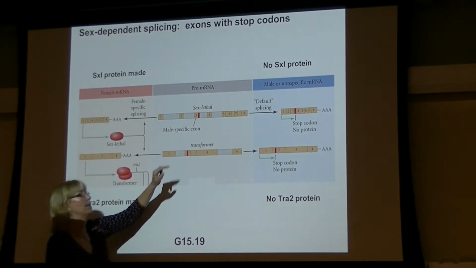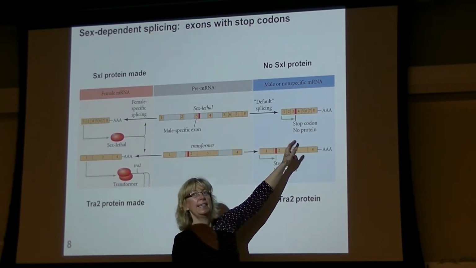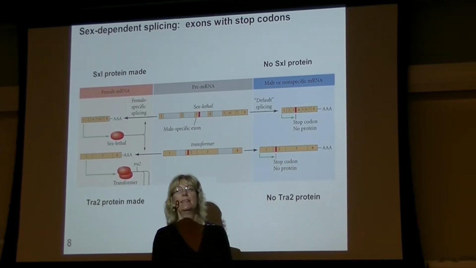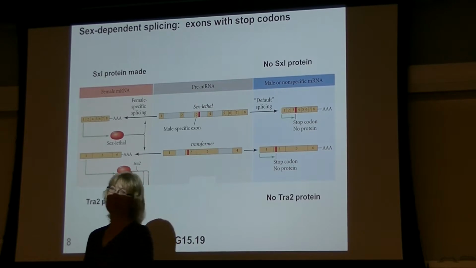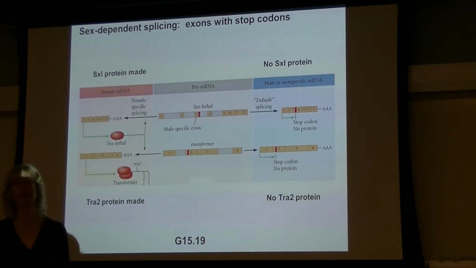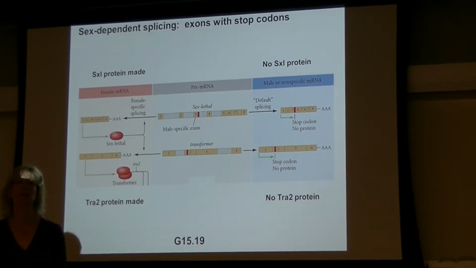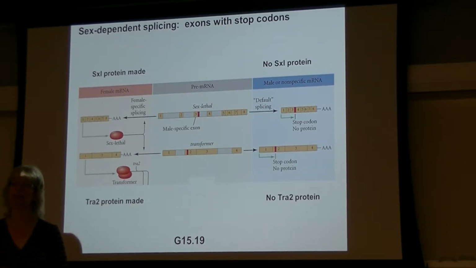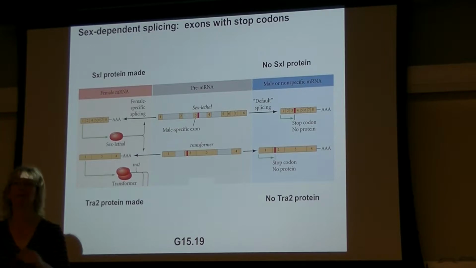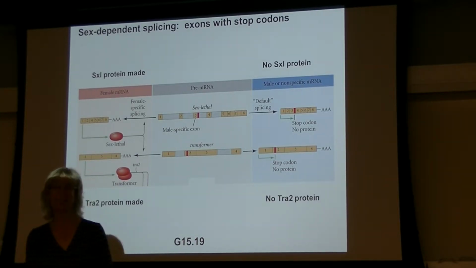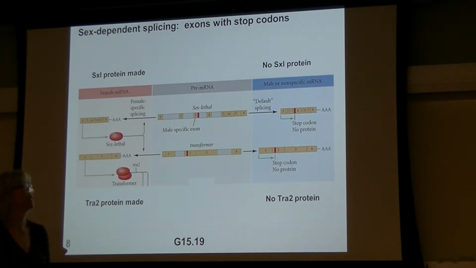In the case of male, due to the alternative splicing, exon 3 gets included. There's a stop codon early in the gene, so even though there's an mRNA present, we never get any protein made, so no Sex lethal protein is made in males, which is what we want, right? We want Sex lethal protein made in females and not in males.